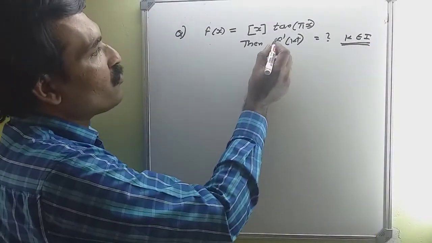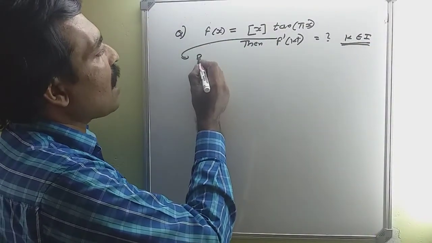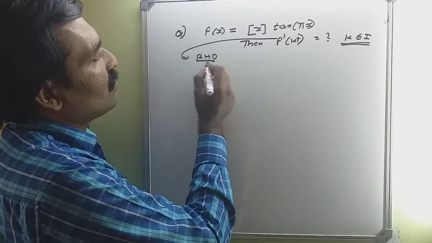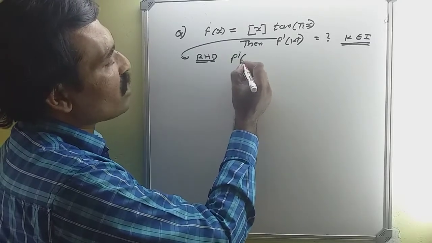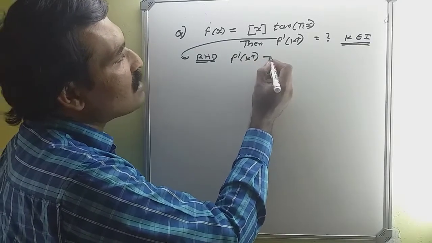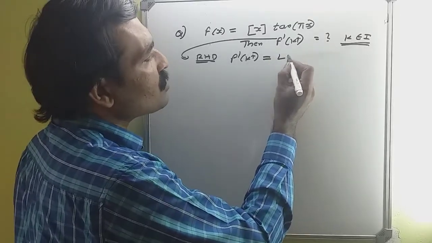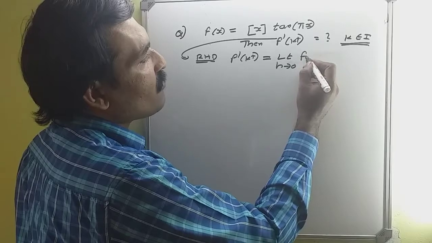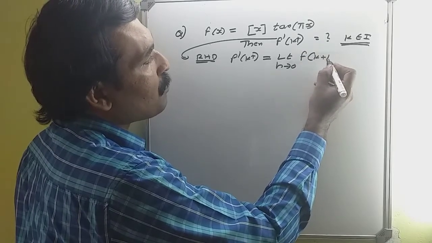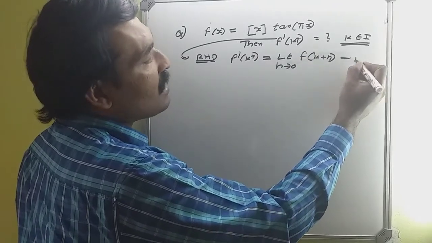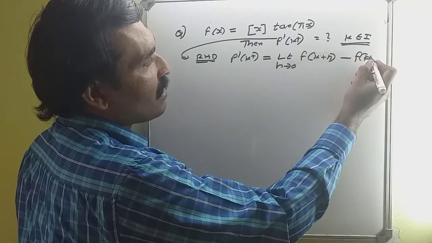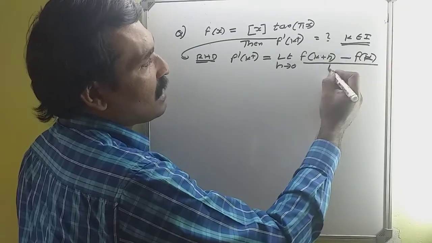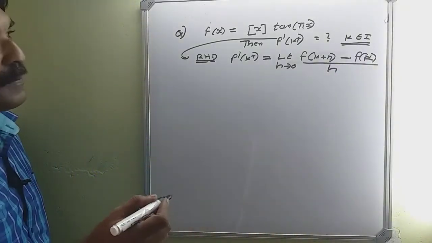Since we want to find the right hand derivative, that is f dash k plus is equal to limit h tends to 0 f of k plus h minus f of k divided by h. Okay.